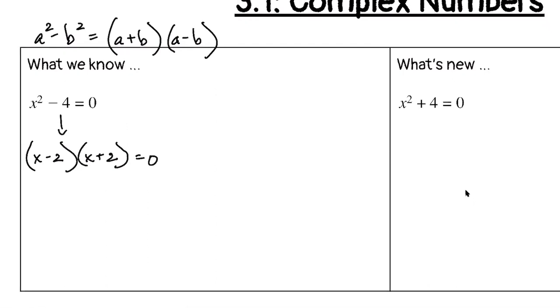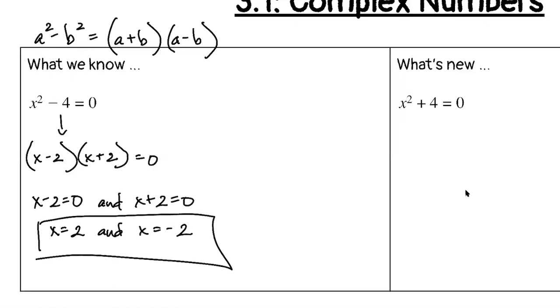So we're going to set one of them equal to 0, and we'll set the other factor equal to 0. Now, this idea we're going to use a lot in this unit, so I want that to be a really good problem solving strategy that we have in our back pocket, okay? And from here, we can solve and we get x equals 2 and x equals negative 2, okay? So that's one way that we can solve that.